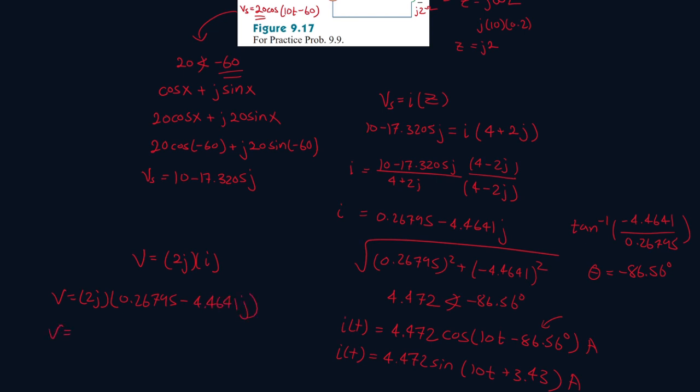Now distributing the 2J, this is 0.5359J. And the second part is 8.928.